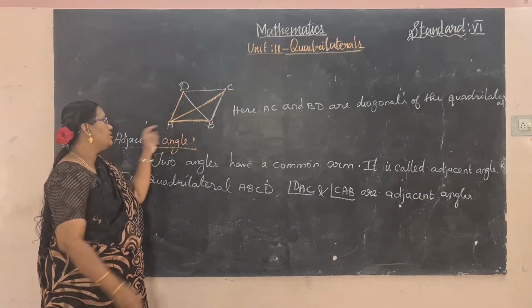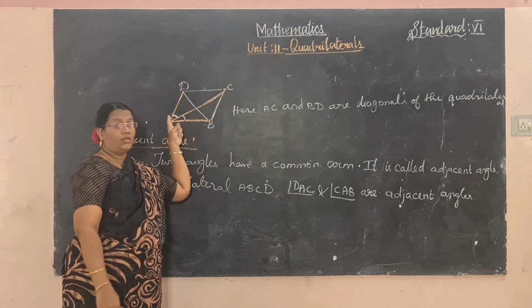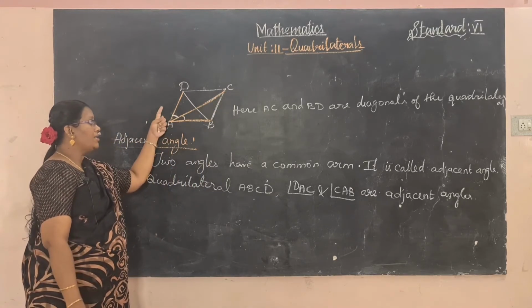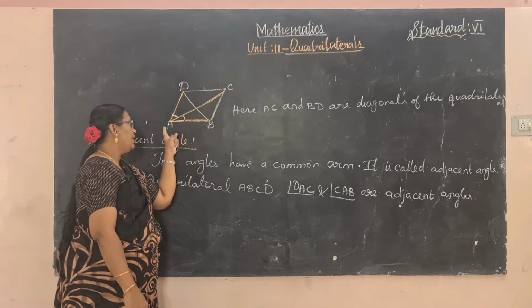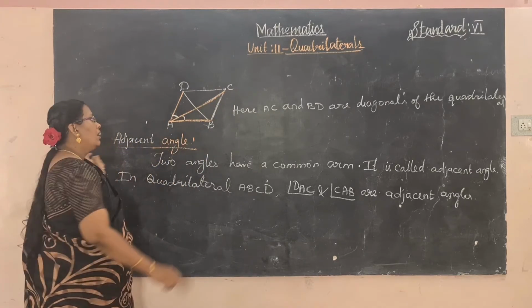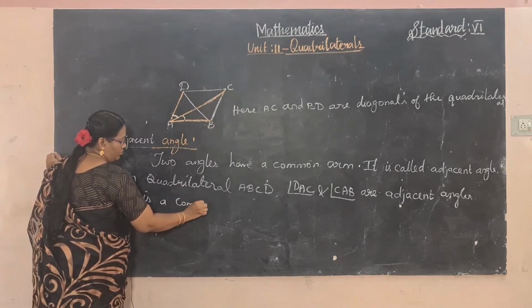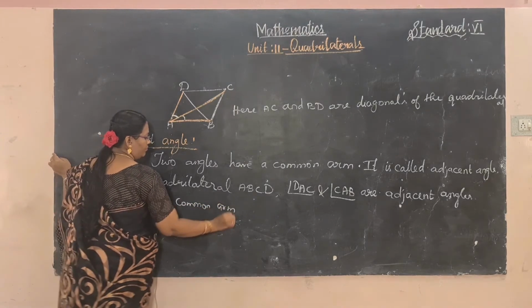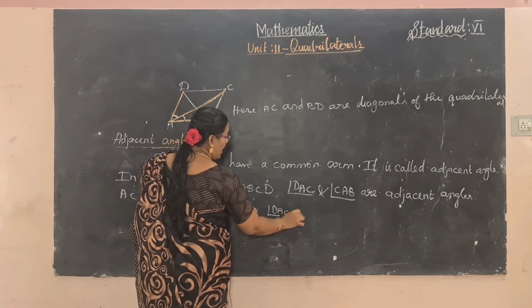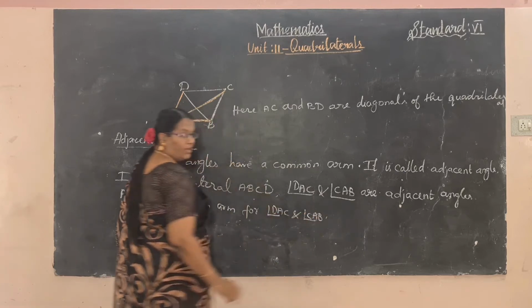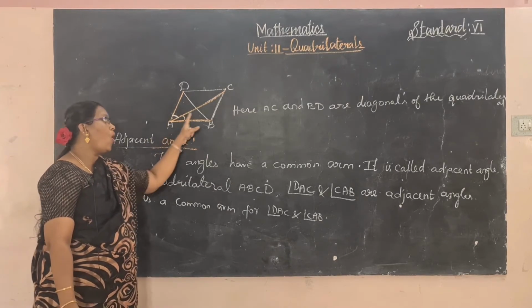Adjacent angles means two angles having a common arm.